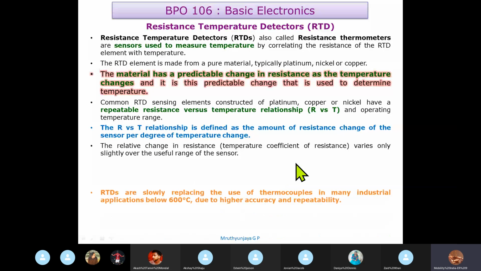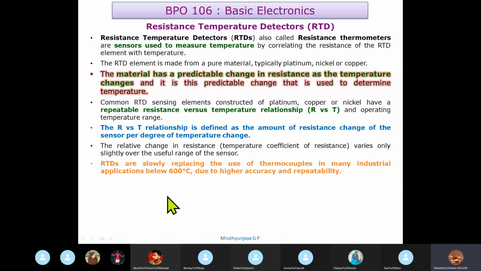So these RTDs, resistance temperature detectors, are replacing the use of thermocouples. As I told you about the disadvantage of thermocouple earlier, small variation in temperature cannot be measured, whereas using RTDs, even the slightest change in temperature can be measured. So thermocouples are gradually getting replaced with RTDs, particularly in temperature applications below 600 degrees, due to higher accuracy and repeatability.